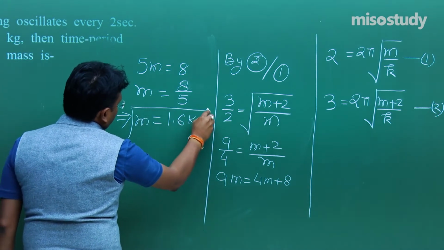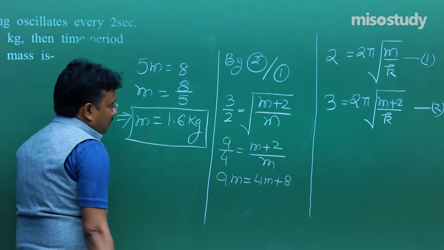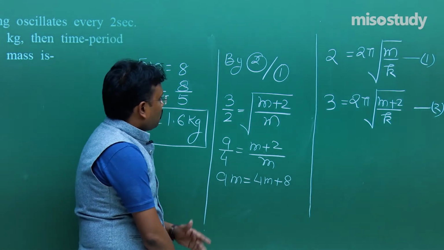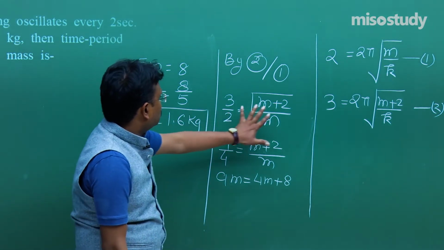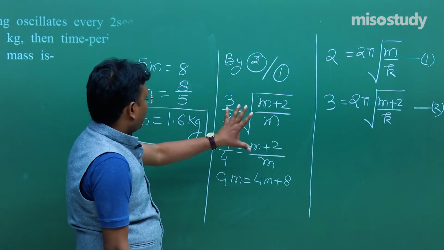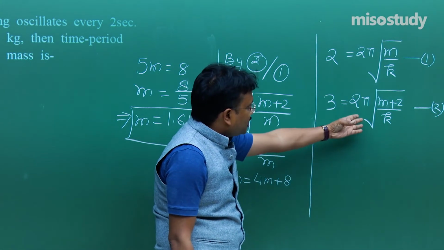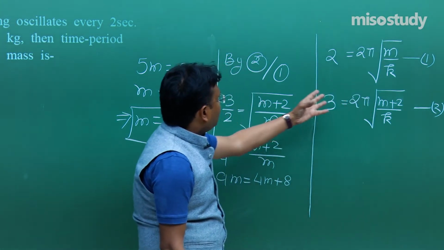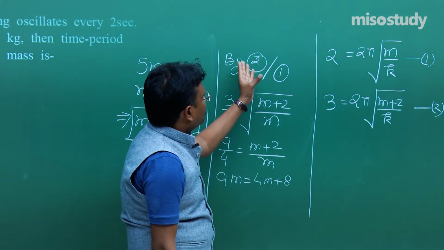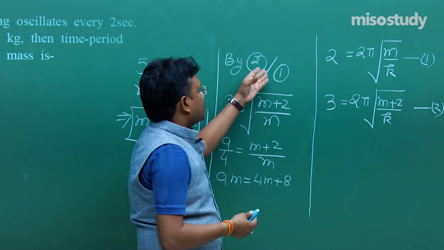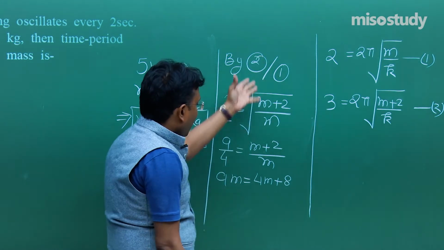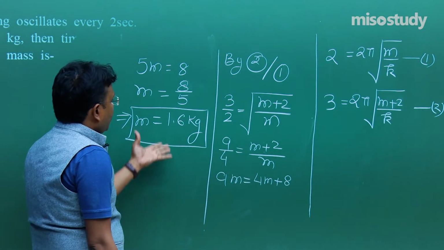So, the question was not a difficult one, but yes, I would like to request all of you, please be with me for at least 2-3 of these simple paragraphs. One, this equation number 1 and 2 which I created for your understanding, and then I said by dividing equation number 2 by 1, you can say equation number 1 by 2, anything you can do, and then simply solve it by squaring and comparing.